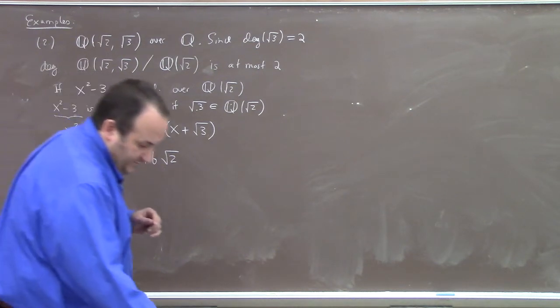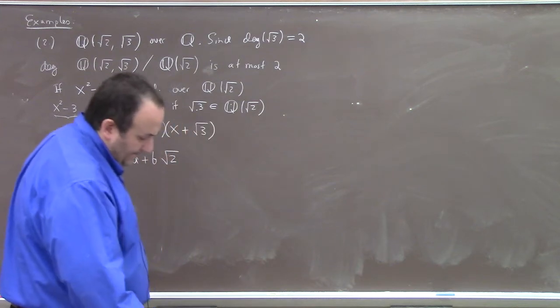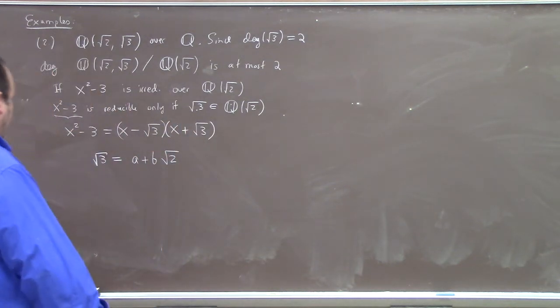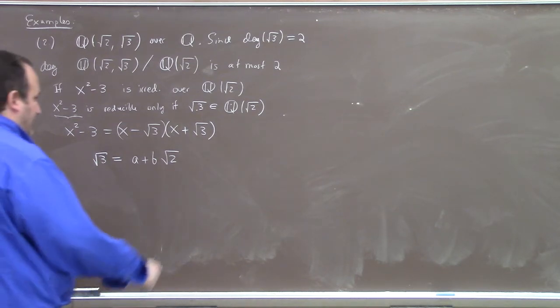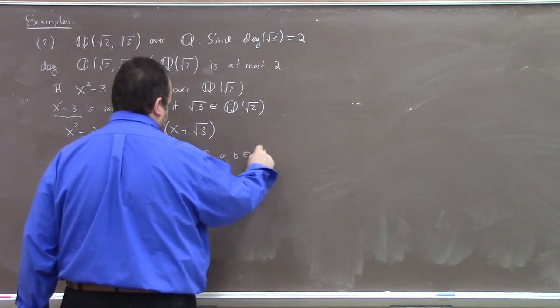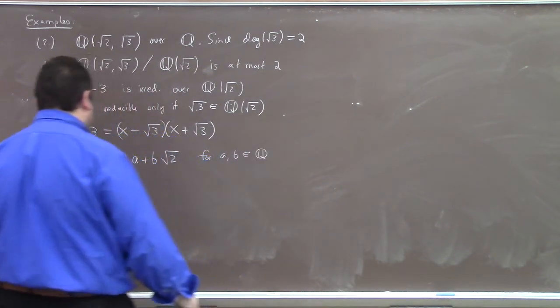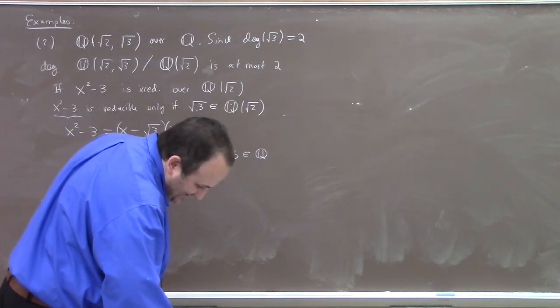You say no, but why? For a and b in which set? For a and b rational? Yeah, no. How do you know no? One, it's not squared.